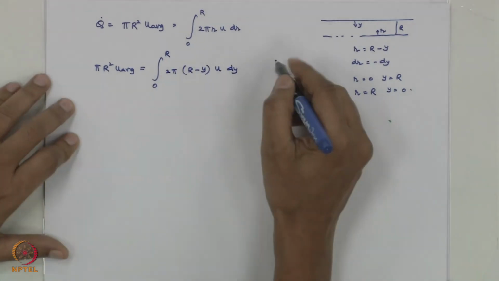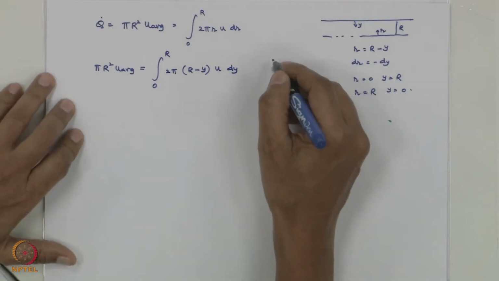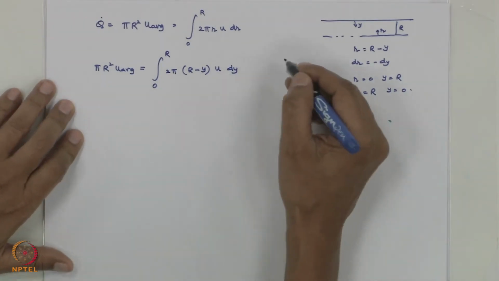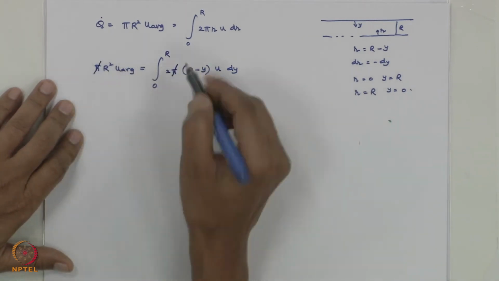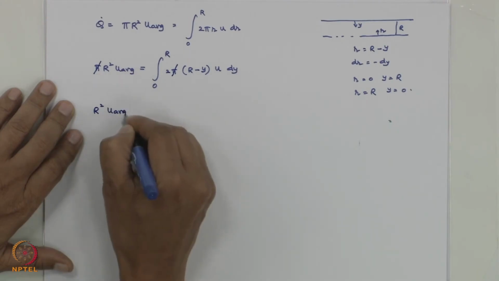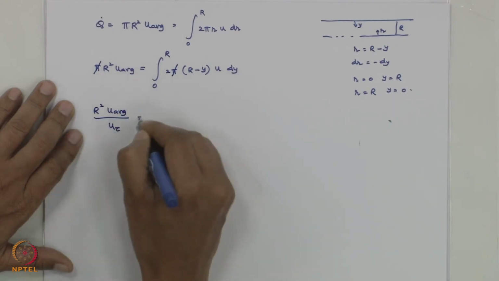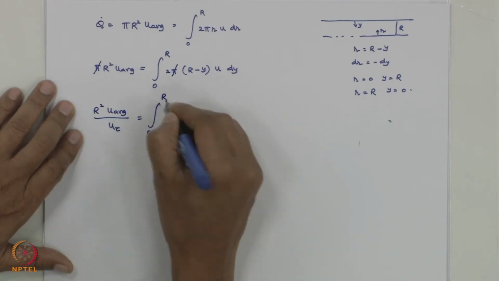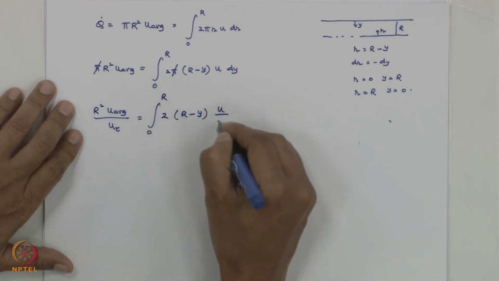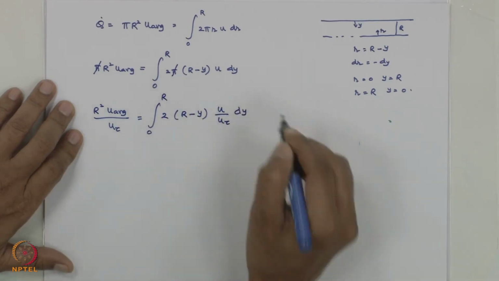So now let me multiply both sides by 1 by u tau. Pi gets cancelled out. So you get R squared u average by u tau equal to integral of 0 to R 2 into R minus y u by u tau dy.